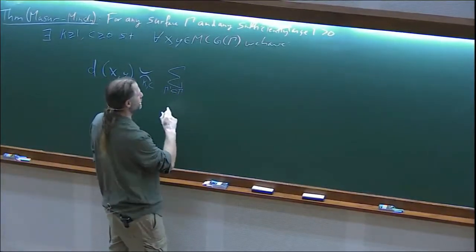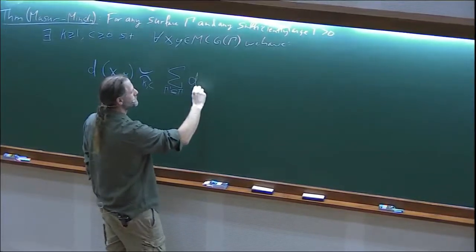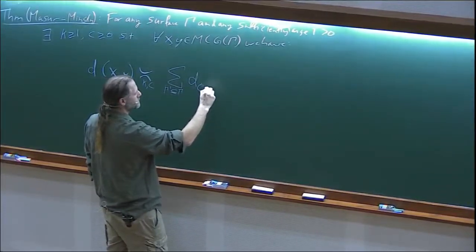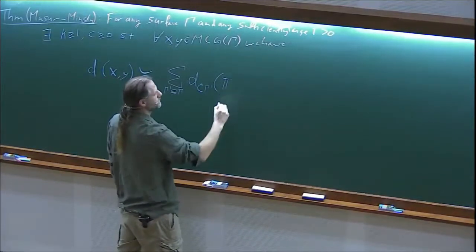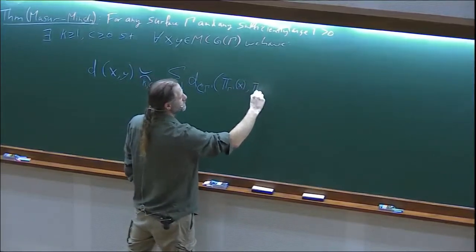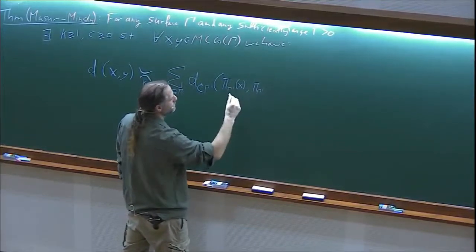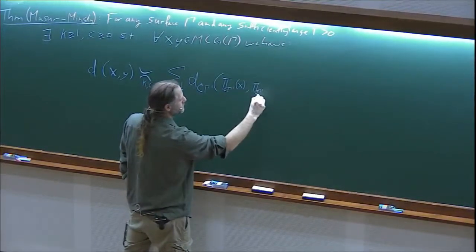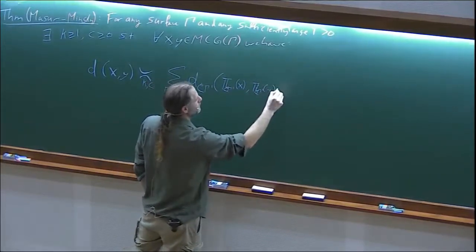And what do I do for each gamma prime, contained in or equal to gamma, just to be explicit? I look at the distance in the curve complex of gamma prime, and I compare the projection to gamma prime of x and the projection to gamma prime of y. This really means the projection to the curve complex of gamma prime, C of gamma prime of y.